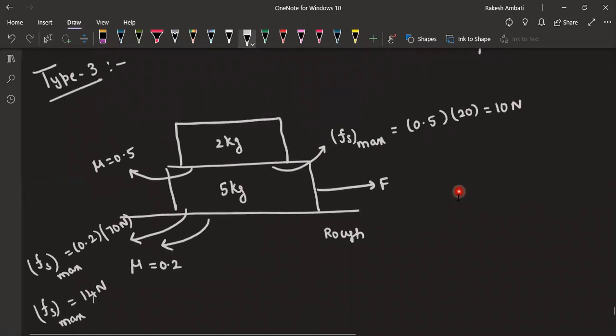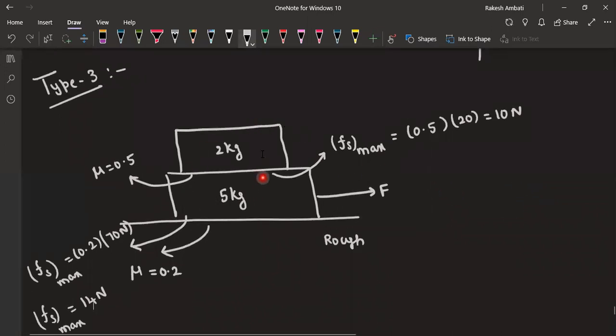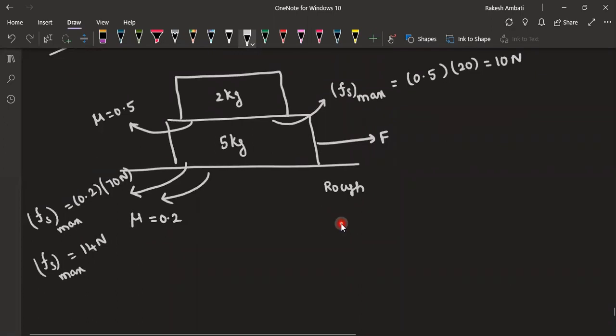But we have to start with the same thing. For example, they are moving with a common acceleration. The same assumption we have to make. First of all, did the two blocks start moving or not? How to know whether the two blocks started moving or not?